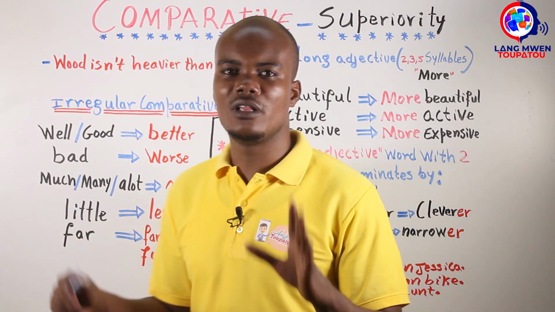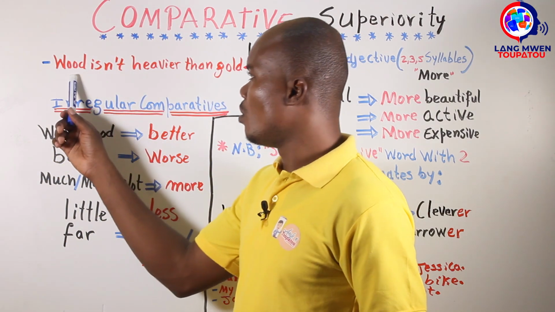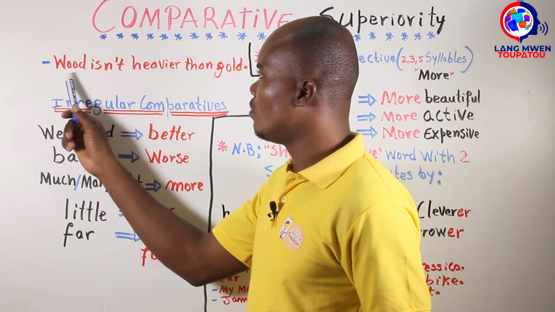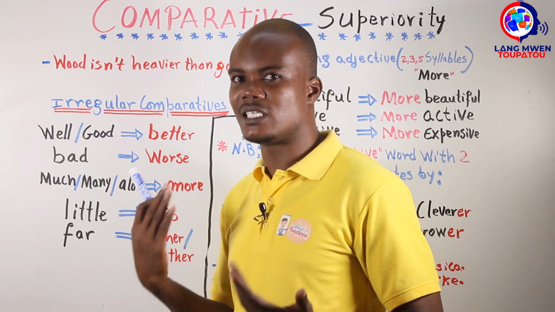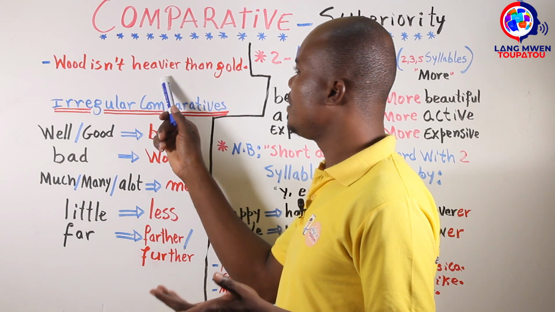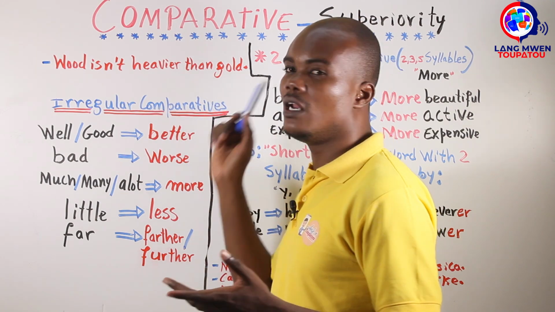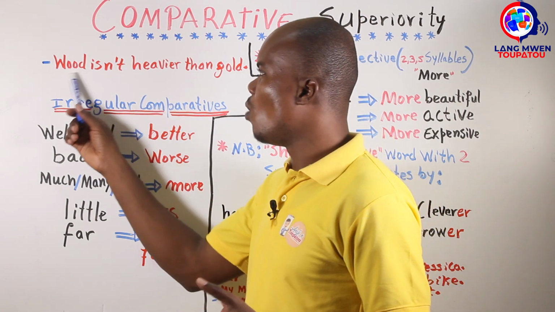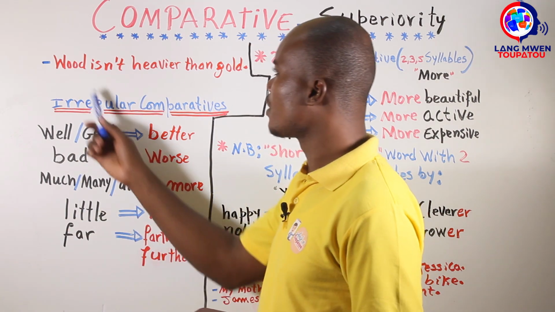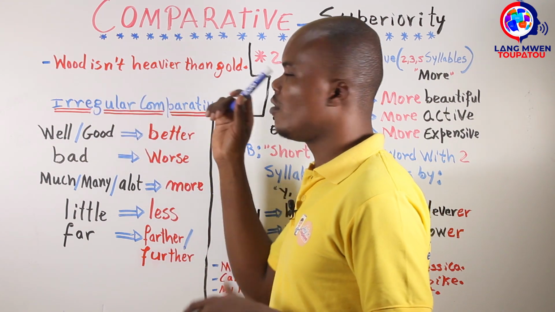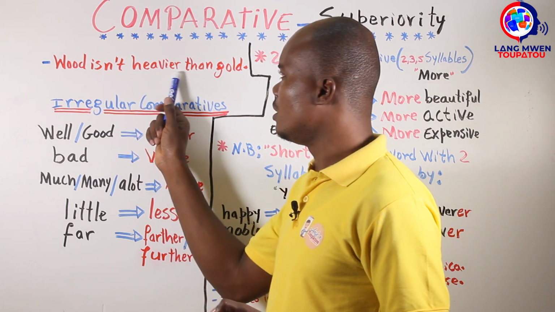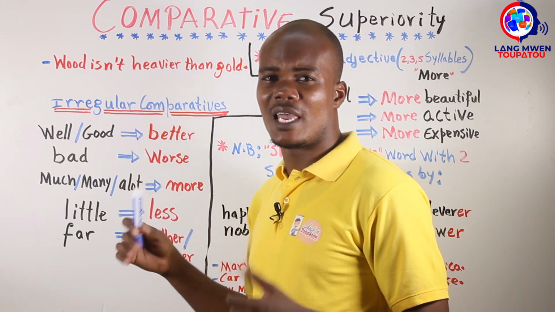Now, let me give you a last example. Wood isn't heavier than gold. This is a negative sentence. Okay, but what you can see, they say heavier.